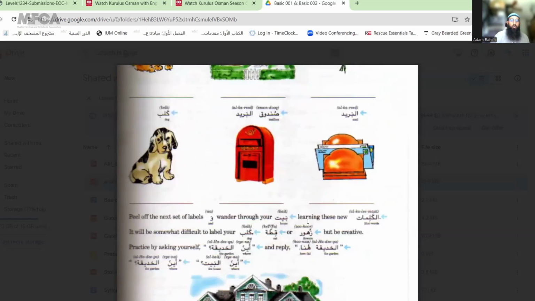Okay, great. This word, kelbun, which means, what does that mean, guys? Dog. Very good. So we'll use this word kelbun, which means dog.